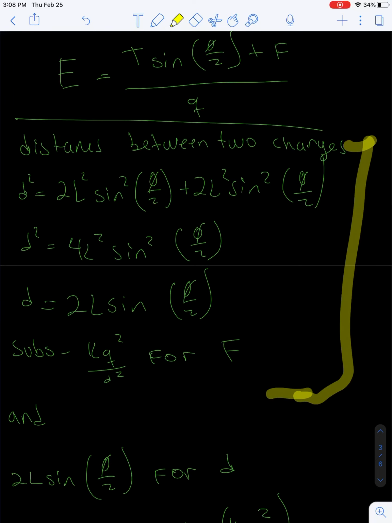And this gives us d squared equals 4 l squared sine squared theta over 2. You see how we have to simplify this: instead of 4 l squared, d equals 2 l sine theta over 2.